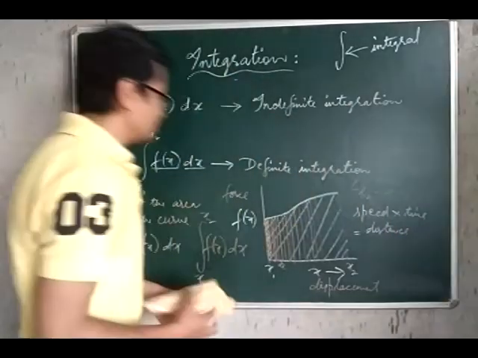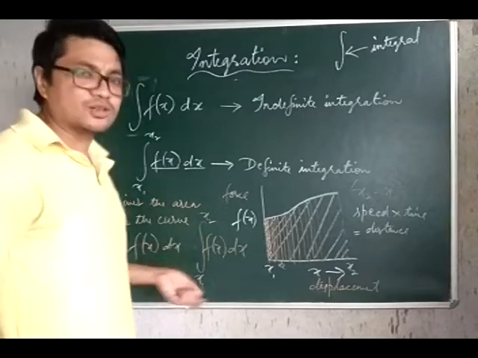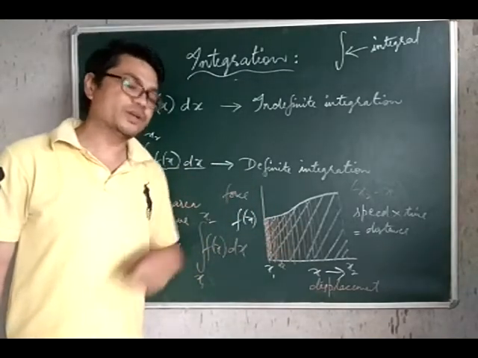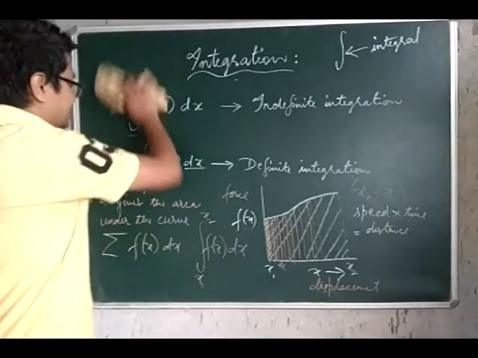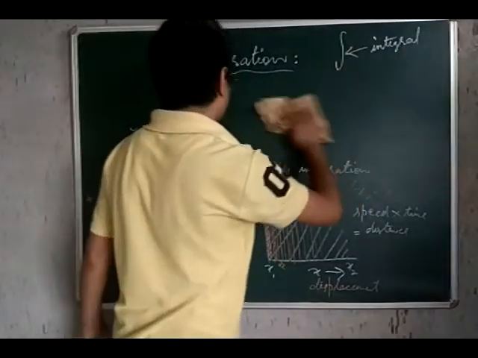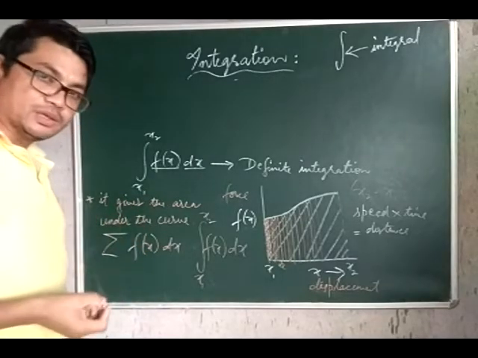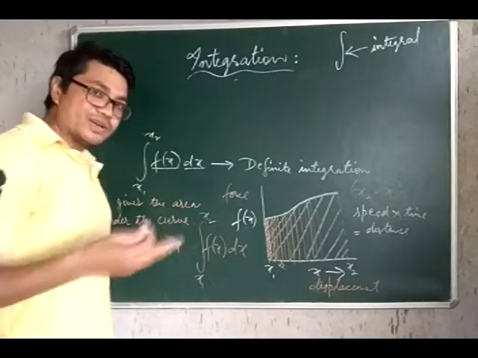Now there is one formula from integration. There actually are lots of formulae from integration that you need to learn when you actually do integration. But here I am today interested only in one formula that I would like you all to remember, because this formula we very often use in physics.